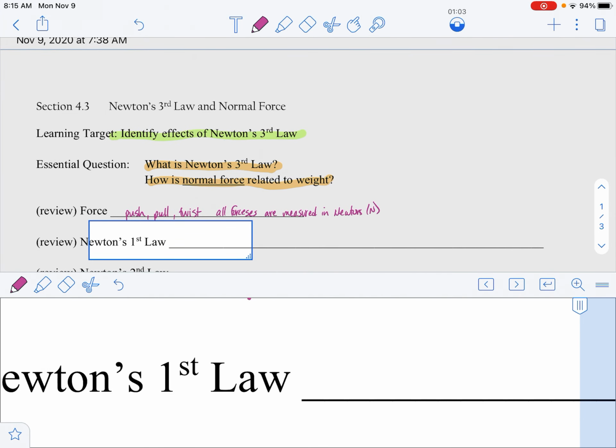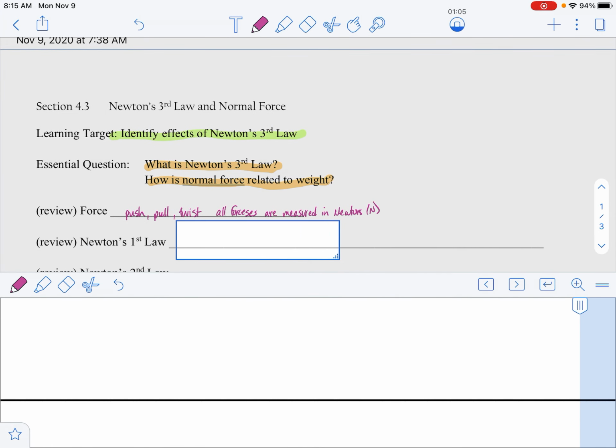Newton's first law, this is a long time ago, but remember Newton's first law says that an object's motion won't change, right? So if it's just sitting there, it's going to keep sitting there. If it's moving, it's going to keep moving.